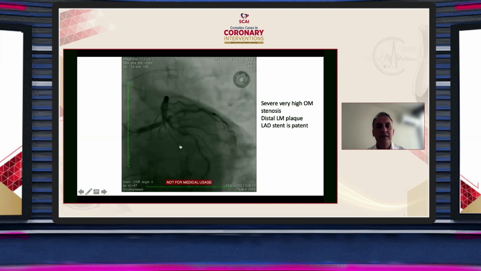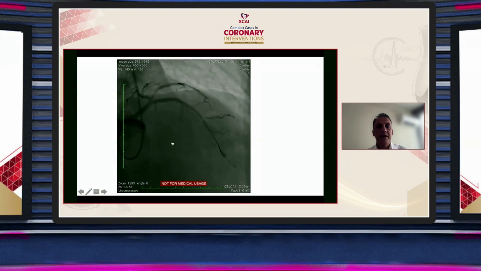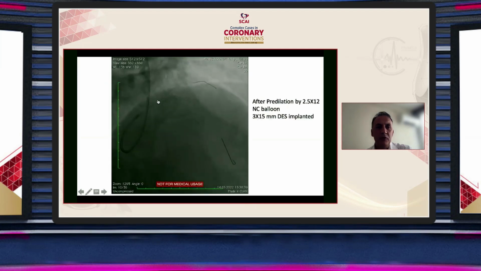Another patient, this patient is very interesting to me. I'd like to share this. This patient belongs to my colleague. They tried to open a high OM and stented it. They didn't like the result.